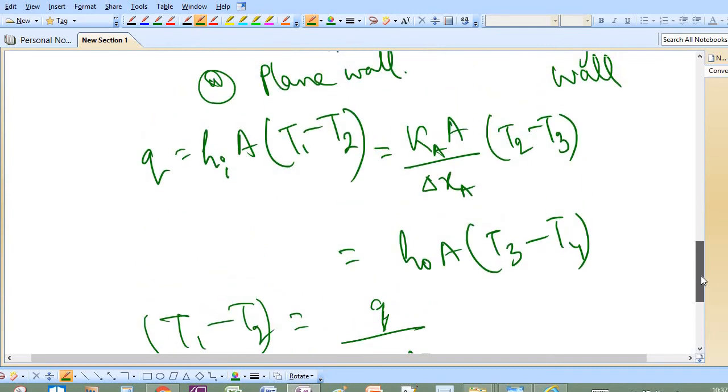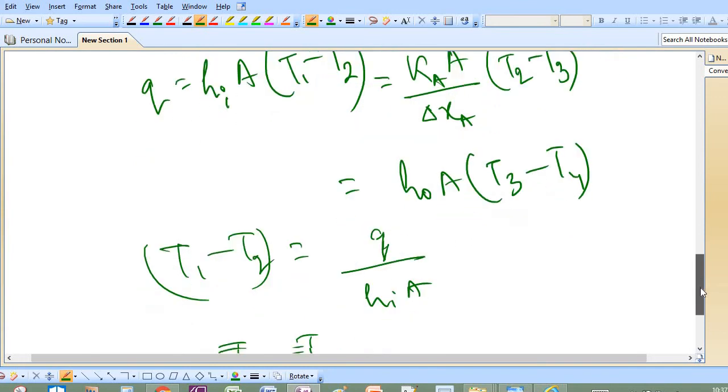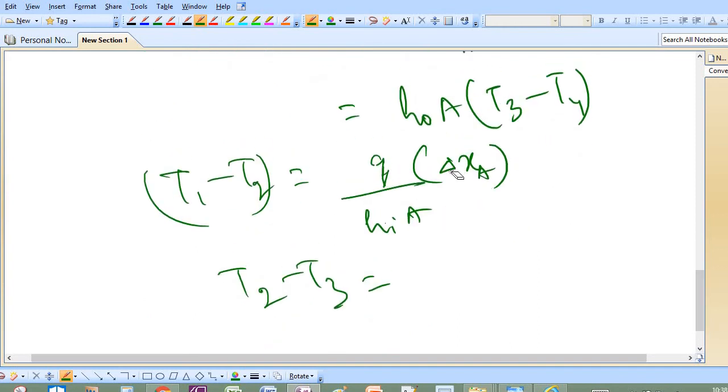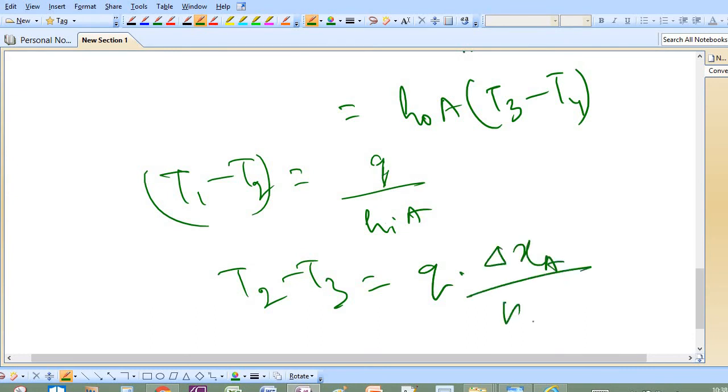We are having KAA, T2 minus T3 is Q into delta XA divided by KAA.